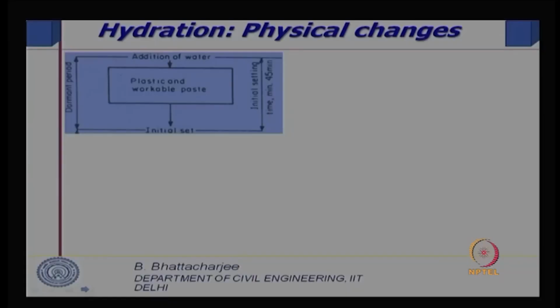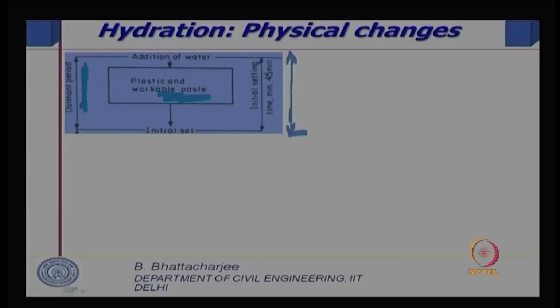Well, physical changes, as we can see: addition of water, we get a plastic and workable paste. This is chemically what we call the dormant stage, and it then solidifies such that if you disturb it further after this stage, it will lose some of its properties. That state we call the initial set.